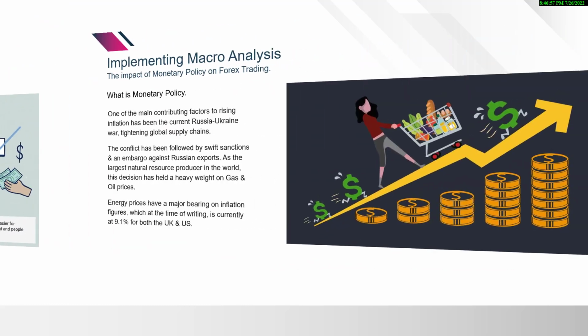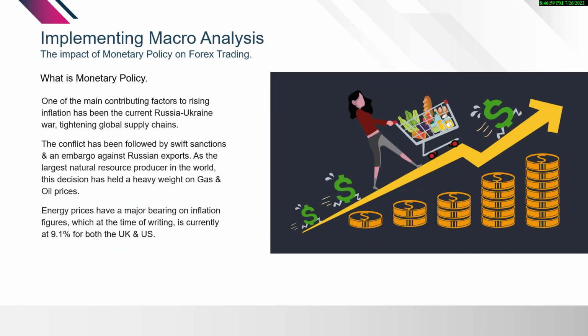So one of the main contributing factors to rising inflation has been the current Russia-Ukraine war, right? The tightening of global supply chain. Don't underestimate this conflict between Russia and Ukraine, because it's going to be with us for quite some time, right?